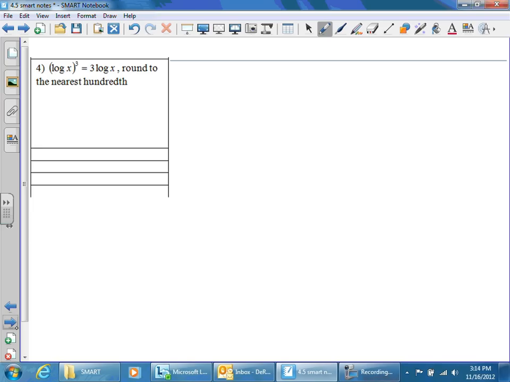Okay, so we're going to do this next one in our graphing calculator. What I want you to do is go to Y1. And let's go ahead and see, this would be log of x cubed minus 3 log of x.